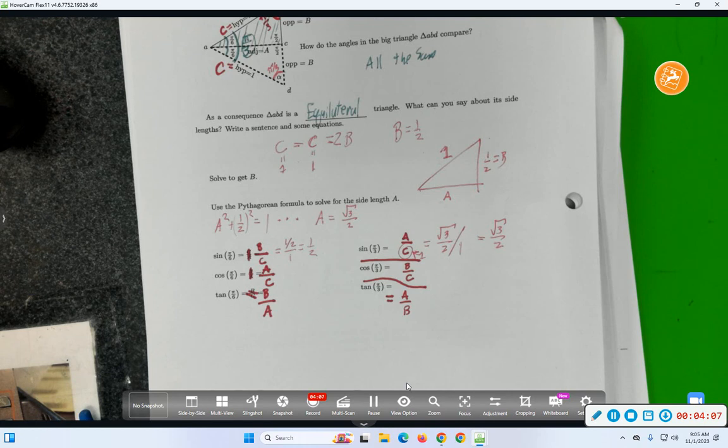What's the hypotenuse? So it's the cosine of pi over 6. Tangent of pi over 6. So tangent is opposite over adjacent. Tangent of this is opposite over adjacent. So it'll be 1 over 2 divided by √3 over 2.